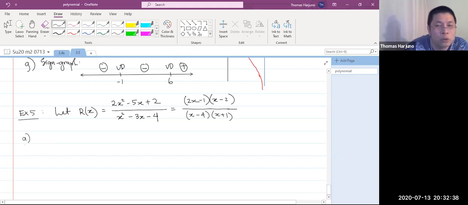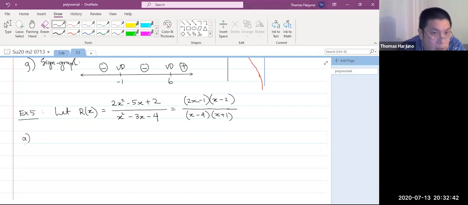When you look at this example here, I would like you to pause a little bit and try to do this problem first.